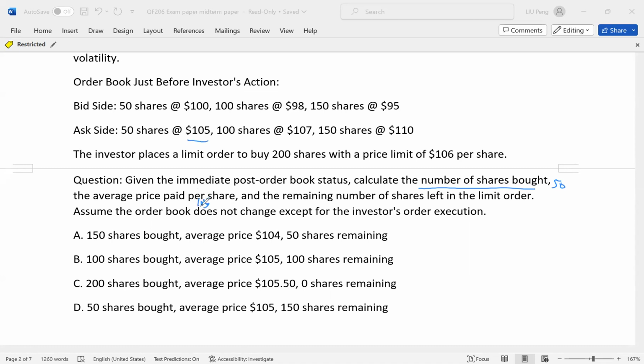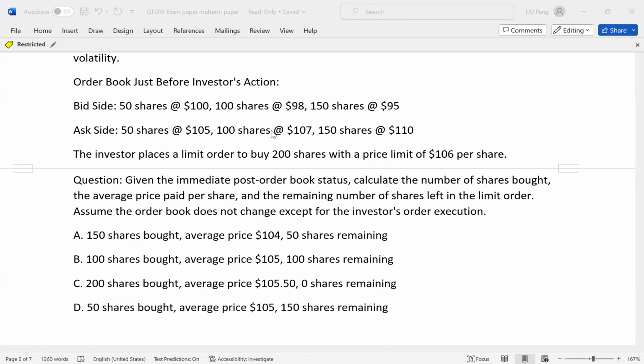The remaining 150 is not fulfilled, so the remaining number is 150. So we choose option D. That's how we can analyze the limit order book, understand its structure, and do the calculation correspondingly.